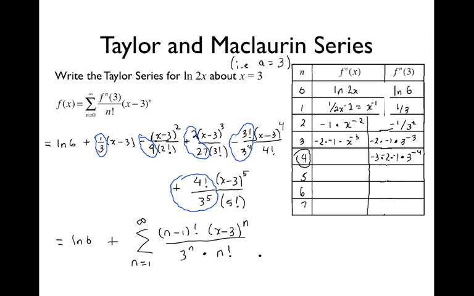Since n factorial is n times n minus 1 factorial, we could just, I'll do red, take away that, and take away that, and just have n in the denominator. So this is the Taylor series for natural log of 2x centered at x equals 3. Questions before I take this away?